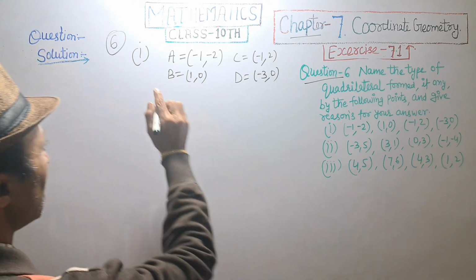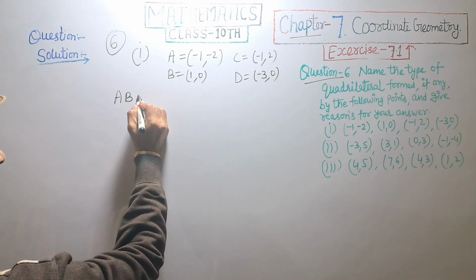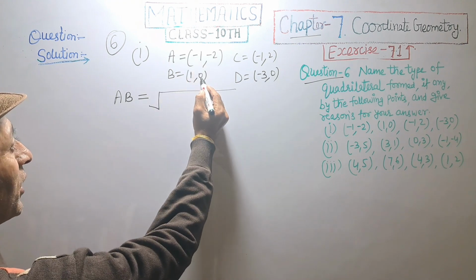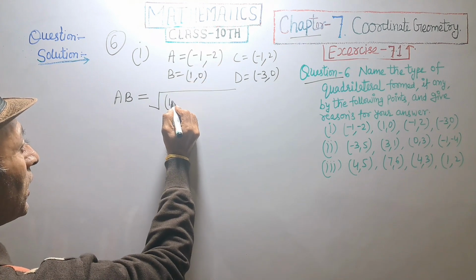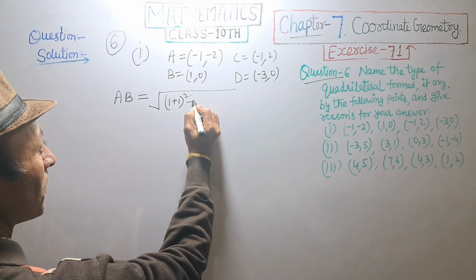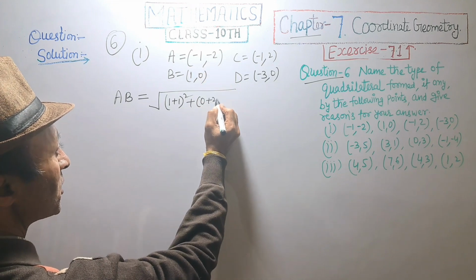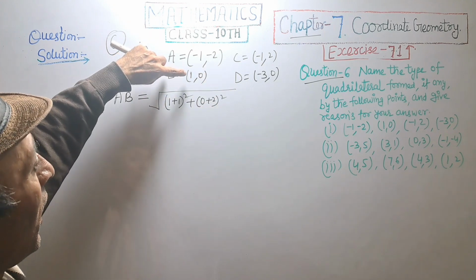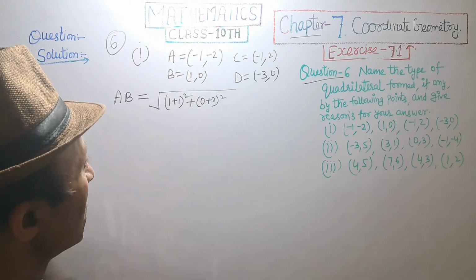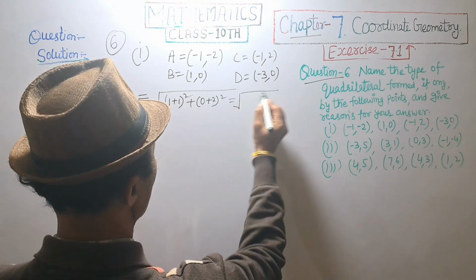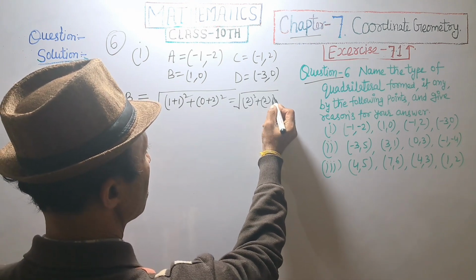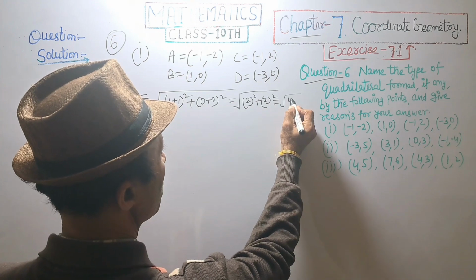By distance formula, first of all, AB. By distance formula, the square root of (x2 minus x1) whole square plus (y2 minus y1) whole square, that is (1 minus minus 1) square plus (0 minus minus 2) square, which is equal to under root of 2 square plus 2 square, that is equal to under root of 4 plus 4.